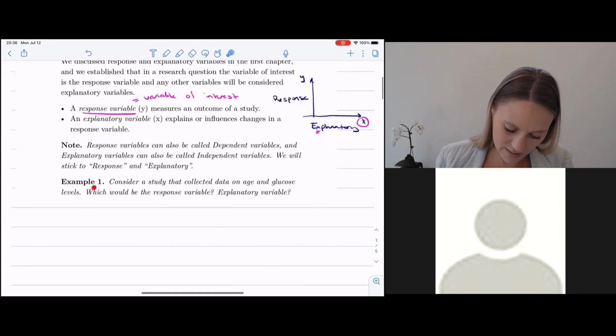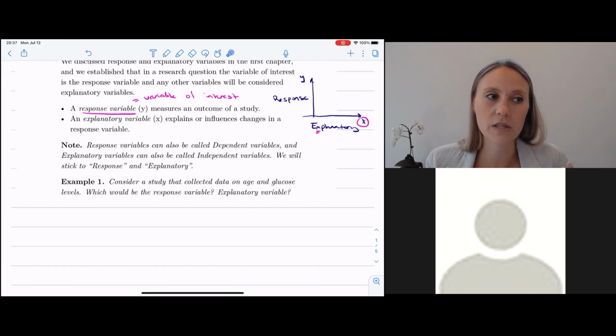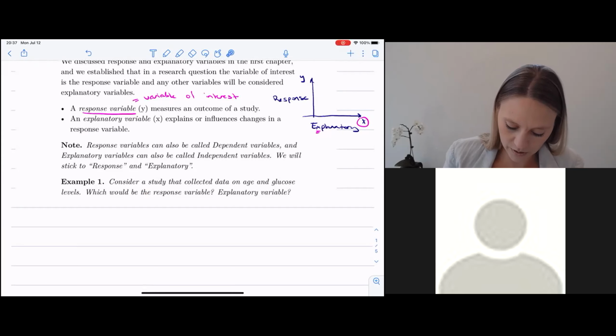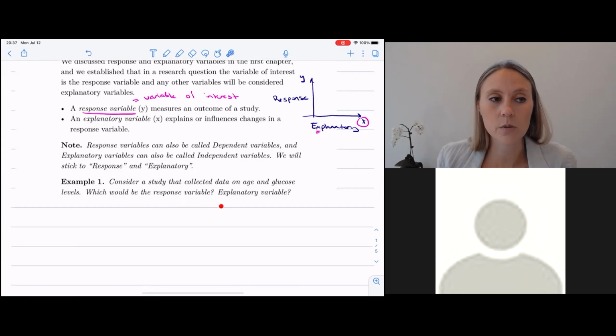So just as a quick example, what if there was a study that collected data on age and glucose levels? I'm not giving you any more information than that, but from there, we are able to figure out which one would be the response variable, and then which one, of course, would be the explanatory variable.